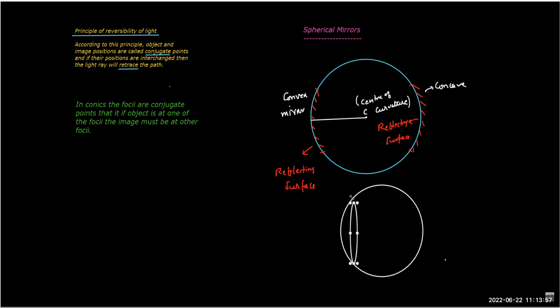So essentially, a mirror is three-dimensional, and we only draw the two-dimensional view in the diagram. But it is like a ball shape, and we remove this part.